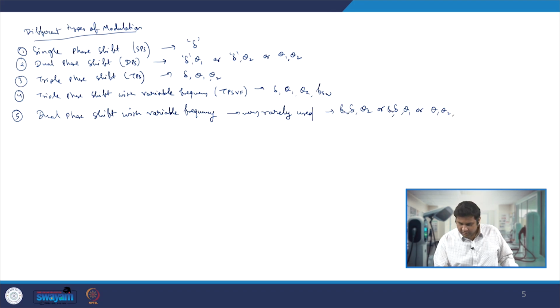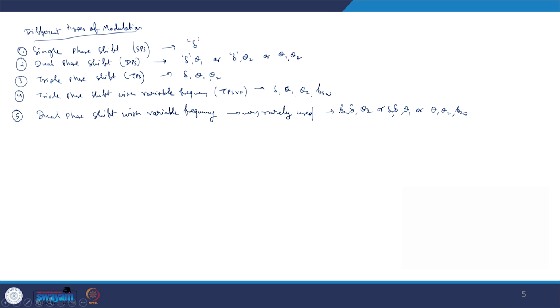However, it's very rarely used. As per several researchers who have worked upon it, we can get very less RMS value of the currents flowing in the circuit. That's why people go for this particular approach.